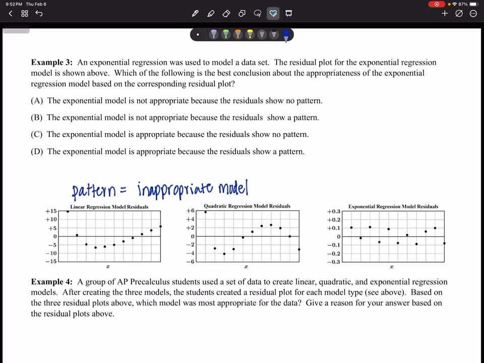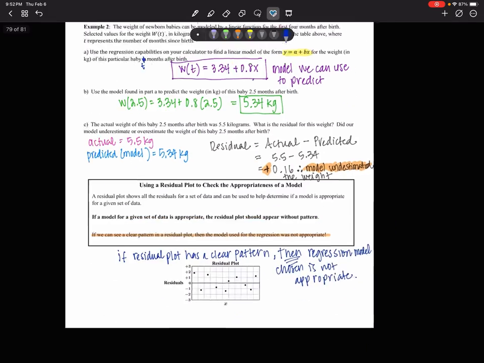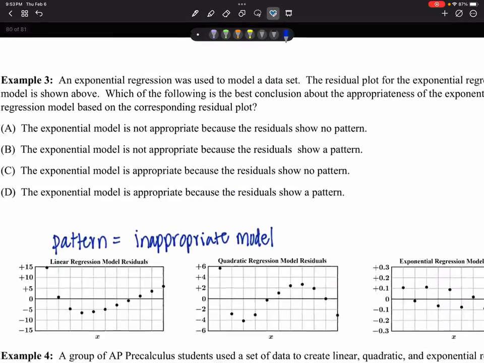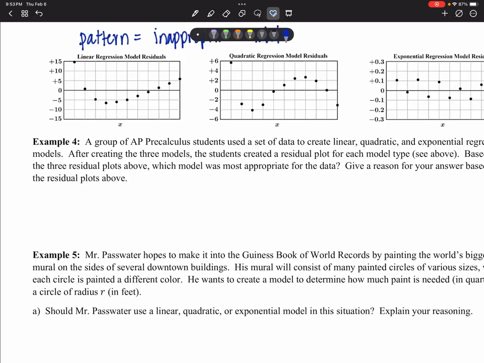Okay, so let's go through these problems. An exponential regression was used to model a data set. The residual plot for the exponential regression model is shown above. So here we go, right there. That's the above. It's on the wrong page. I apologize for that, but this picture goes with this problem. Now, is there a pattern?